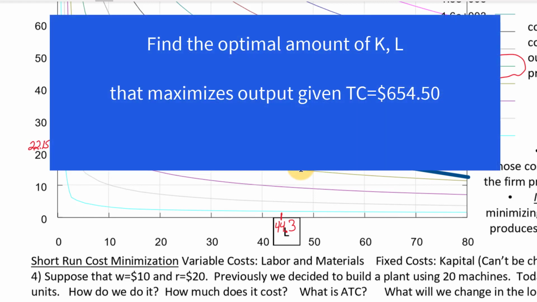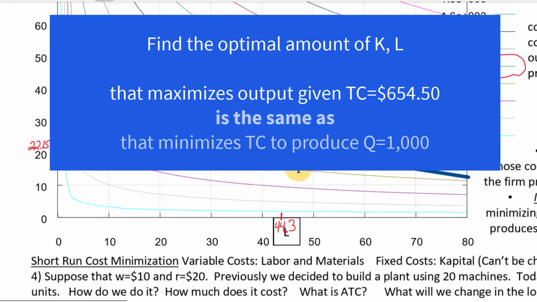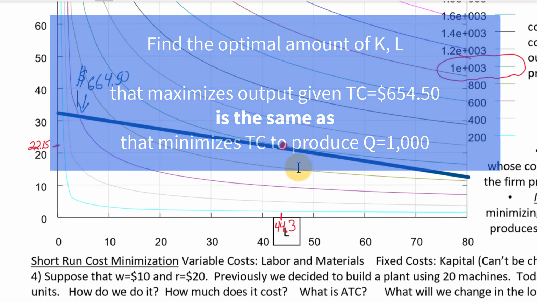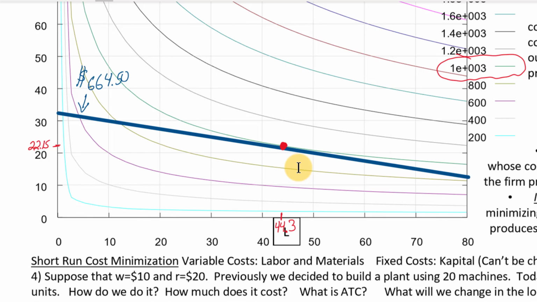First, we could say we're trying to maximize the output for a given total cost, or we're trying to minimize the total cost for a given amount of output. The second problem is what we really did, since our problem was trying to guarantee 1,000 units of output. However, if somebody gave us a budget of $664.50, we could solve this problem the other way and find that we could maximize our output at 1,000 units with that kind of budget.